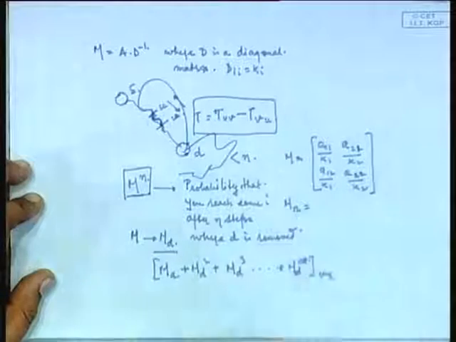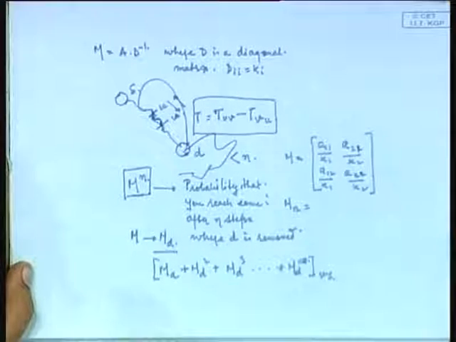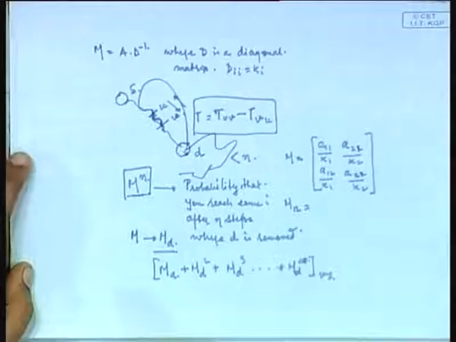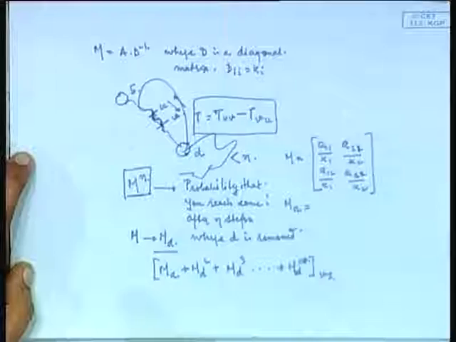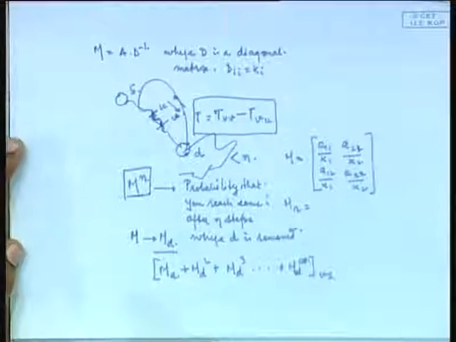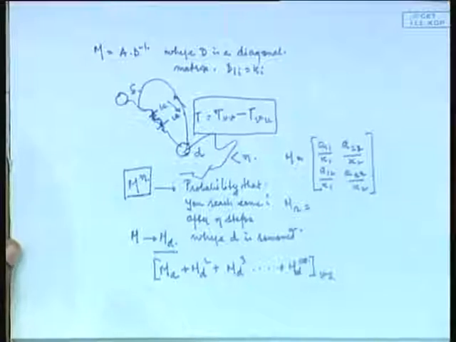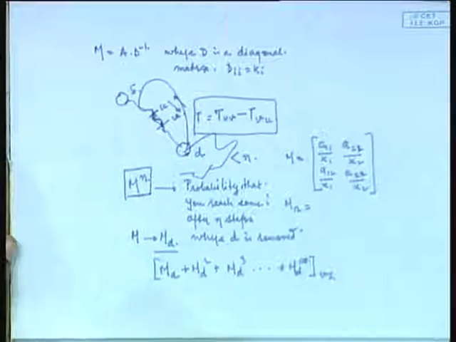Okay. So, M12 is basically what? What is M12? If you have started from 2, what is the probability that you reach 1? Or if you started from 1, what is the probability you have reached 2? Which one?